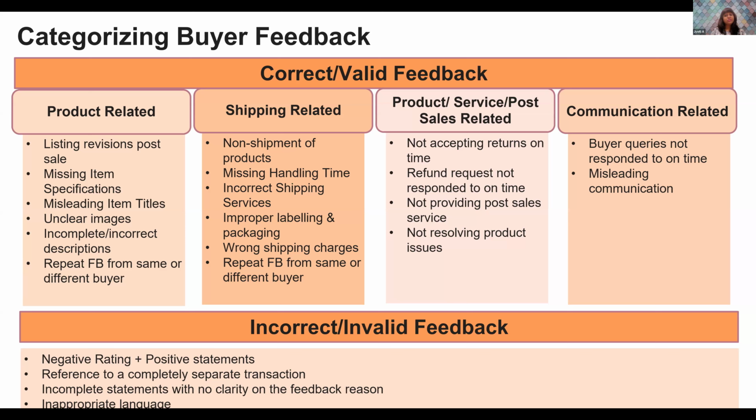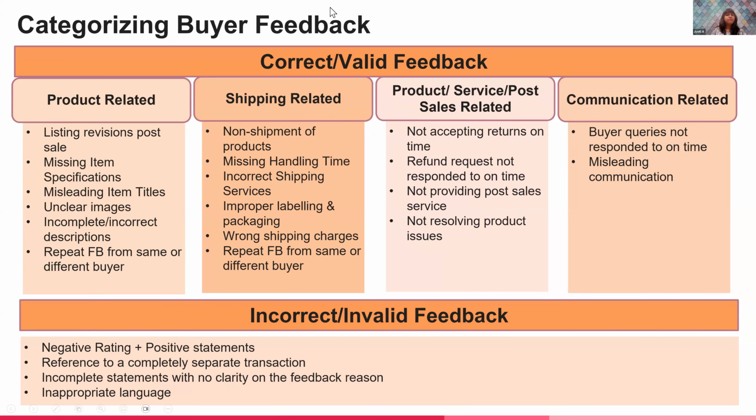So as you see on the screen, this particular section is divided into two parts. The first part talks about correct and valid feedback, and the second part talks about invalid or incorrect feedback. Now how to read this is: correct and valid feedback means in which scenarios eBay considers the feedback received by you as a seller, when it is negative or neutral, as correct and valid, and we would not be supporting you in removing that.